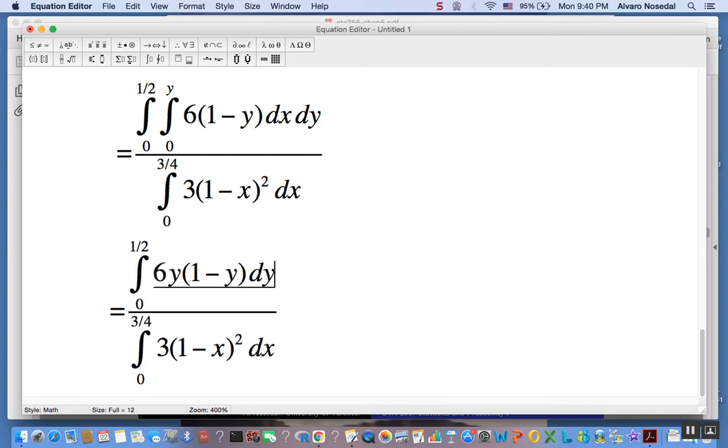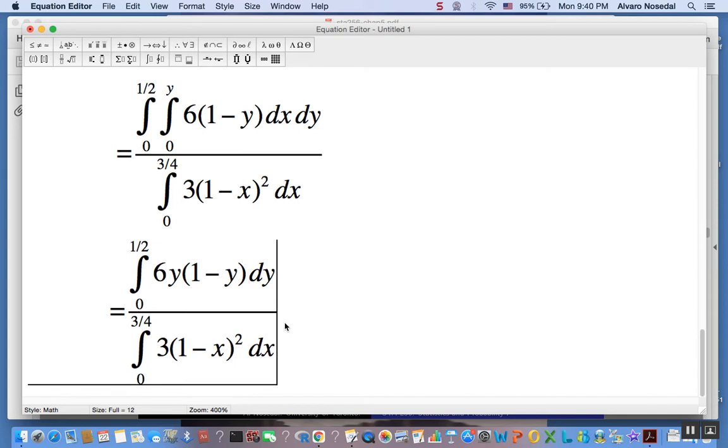And then we have the y, okay. And then we have this guy here, okay? So we can easily find these, right? It would be just 6y times 1, well, 6y, right? It would be the integral of 6 times y with respect to y. Then we would have minus 6 times the integral of y squared. That's easy to find. We could do something similar here, right? We could easily find them using calc.